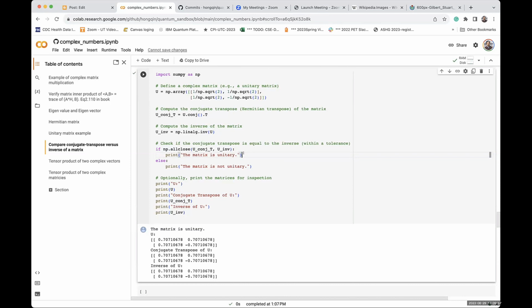Okay, then all matrices have a conjugate transpose, but not all matrices are invertible. So there seems to be a logical conflict here.